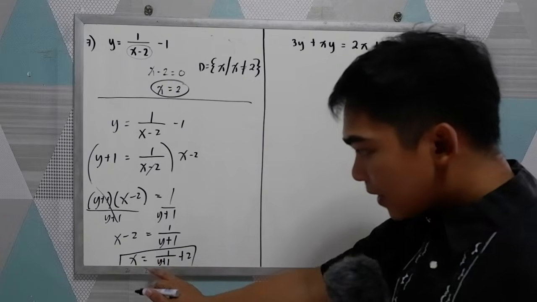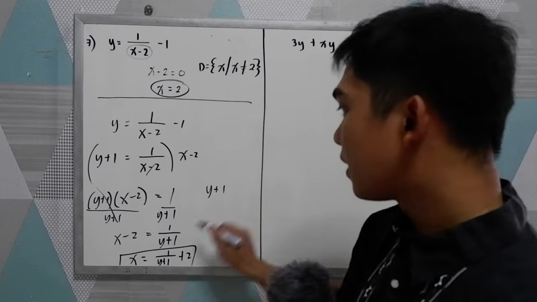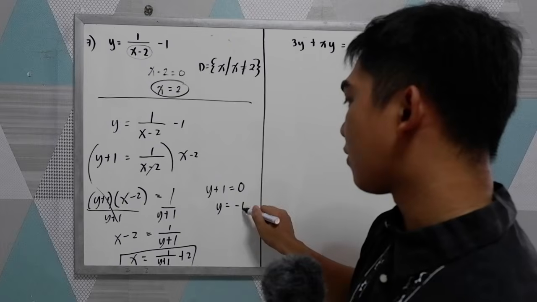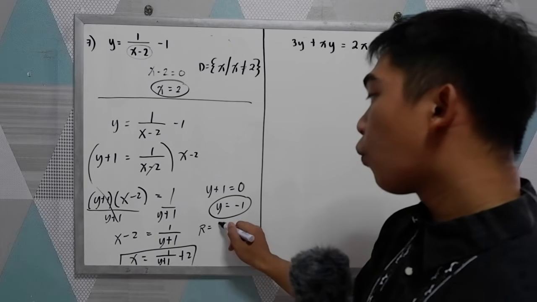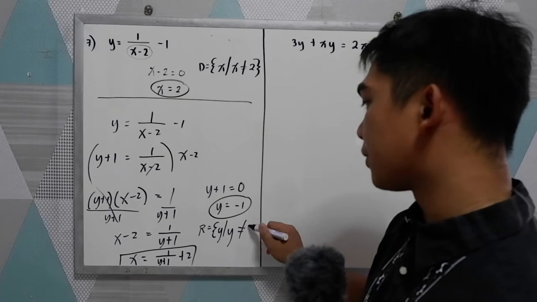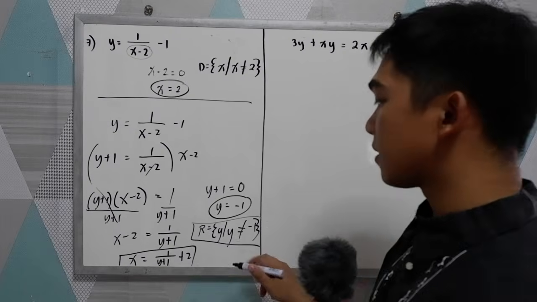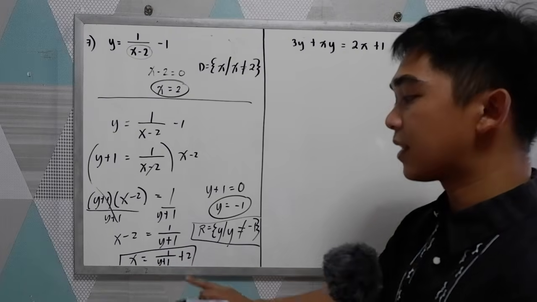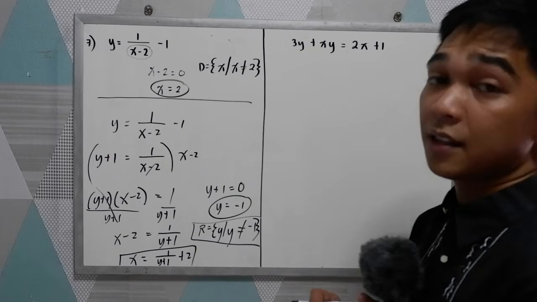Now, get our denominator, that is y plus 1, and equate it to 0. So y is equal to negative 1. For our range, y such that y must not be equal to negative 1. Because if y is negative 1, the function will give us a denominator of 0, and that gives us undefined.